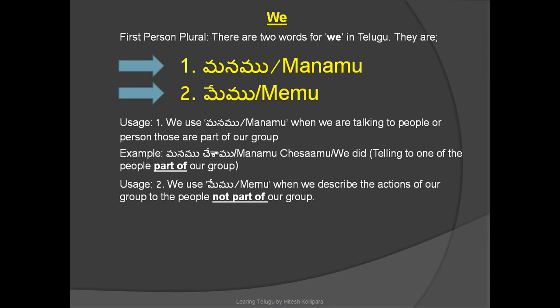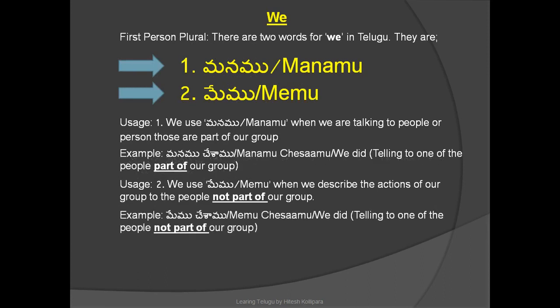And in that case, you should translate that "we" as "memu" when replying to your boss, because the boss is not part of your group. Let us see the example. మేము చేశాము. We did. మేము చేశాము.